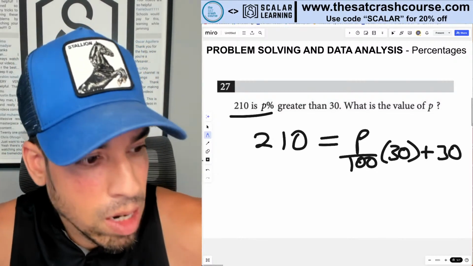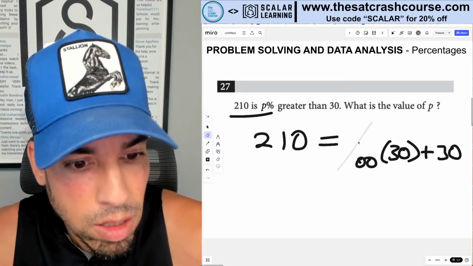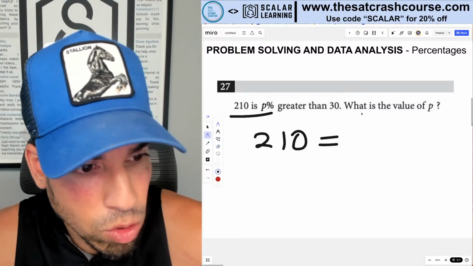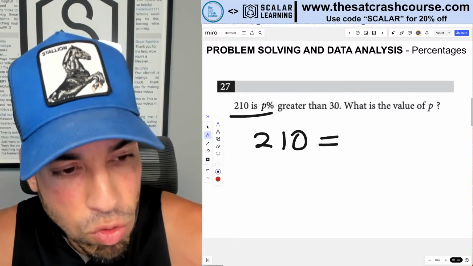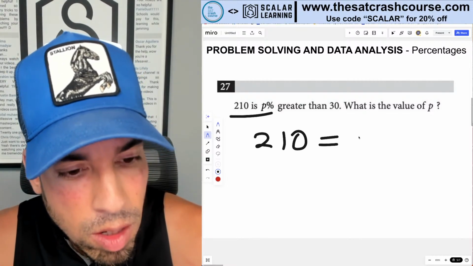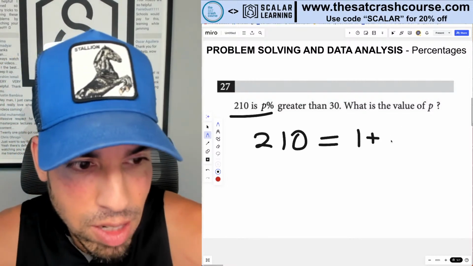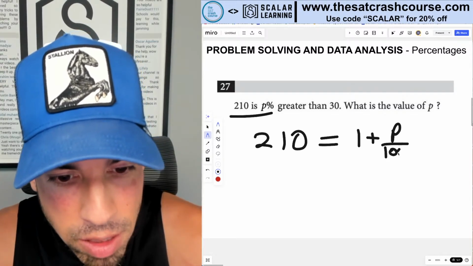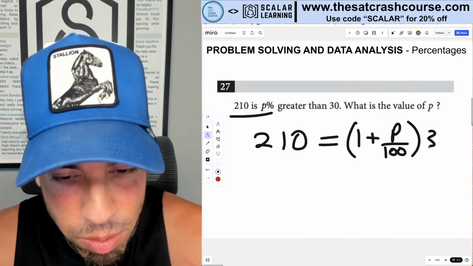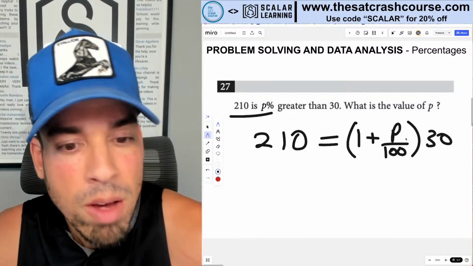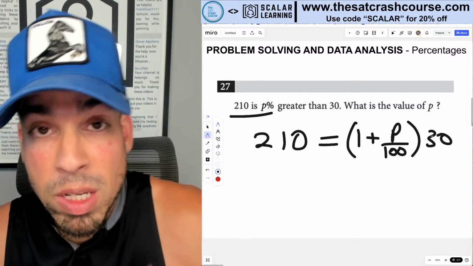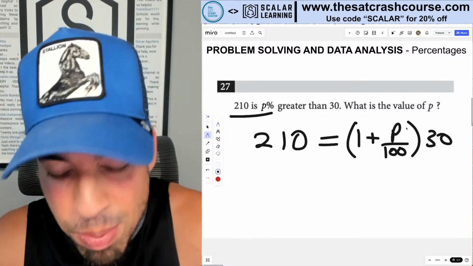That's one way to think about it. Another way to think about this is 1 plus that p% times 30. That's p% greater than 30, or p% more than 30.